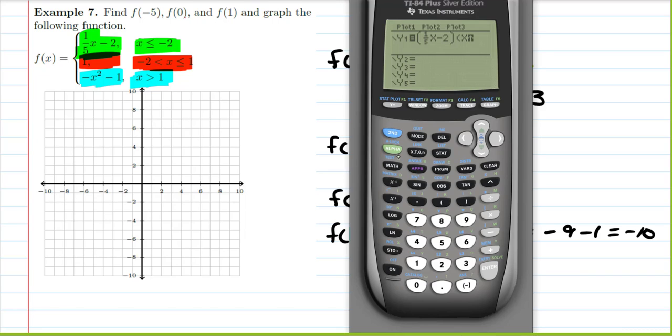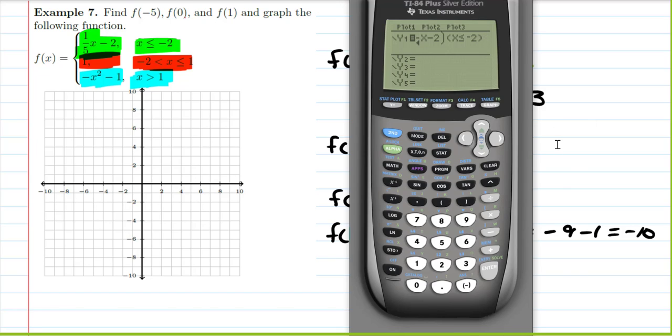So you're going to hit second, and then math, and that opens up your test menu. And we need the less than or equal to. So I scroll all the way down to number 6 and press enter, and then I'm going to do negative 2.